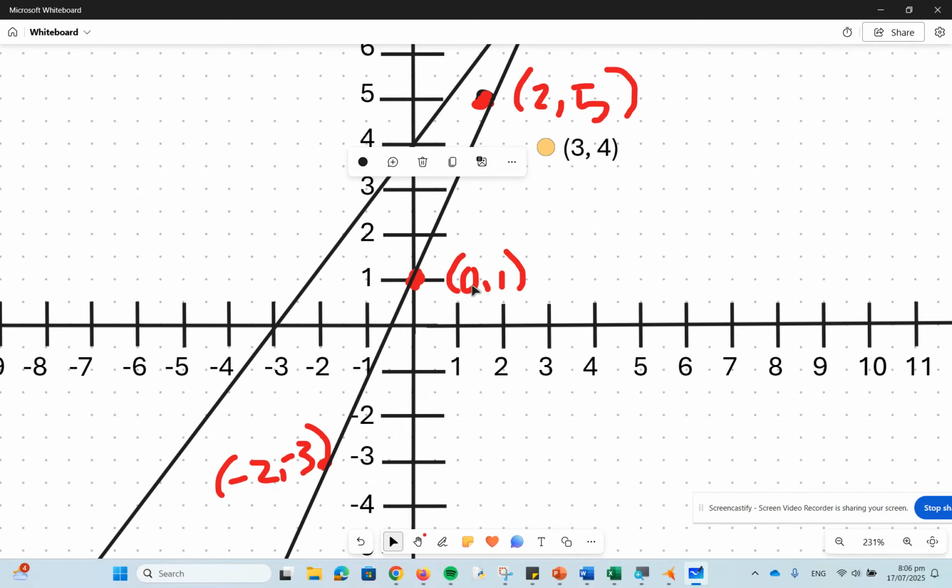In this case, the y-intercept is 0 and 1. This is where that line intercepts the y-axis, right at that junction there at 0 and 1. That is the y-intercept.